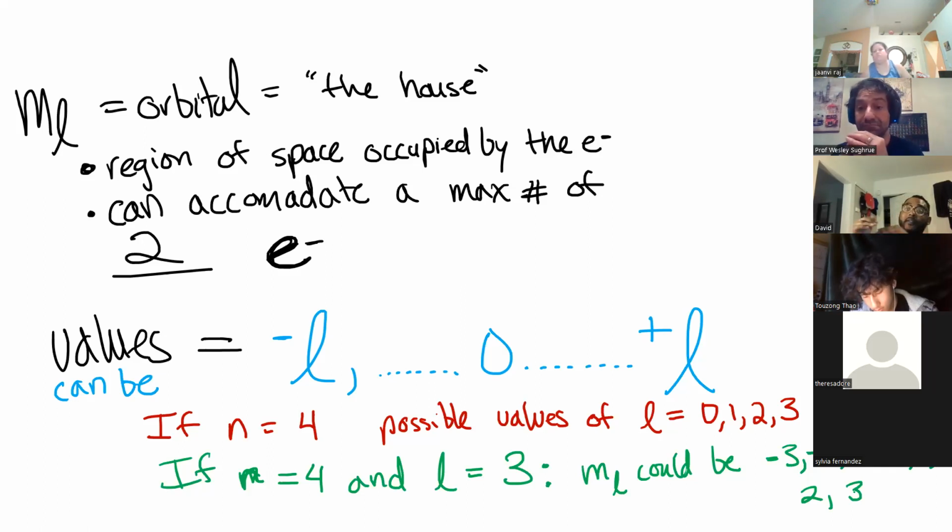Once you get one, then you have to solve your way inward. And someone has to tell you specifically the value of n is 2. The value of L is 1. Therefore, M sub L is either -1, 0, or 1.